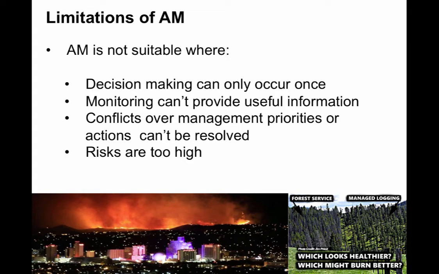There's really also no point in taking an adaptive management approach when there are going to be really strong conflicts over management priorities or specific actions that can't be resolved, right? So a good example of this might be in areas where parks or resource agencies are employing sharpshooters to cull deer that are overgrazing forests or grasslands as part of a restoration treatment, right? And so there are numerous cases where conflict among different groups has stopped these types of restoration treatments from moving forward, right? Especially where they may be the most economically feasible option, right?